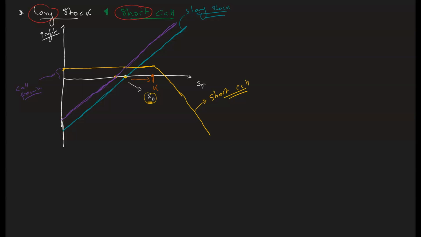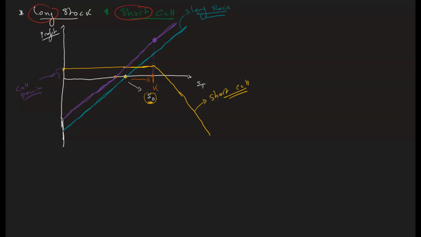Now, what if the call then gets exercised? Well, the call can only be exercised if the value of the stock is equal to the strike price or more. So if the call is going to be exercised, it's going to be exercised at this point where my stock price is going to be around here, right? So when my stock price is right there, that is where my call can be exercised.